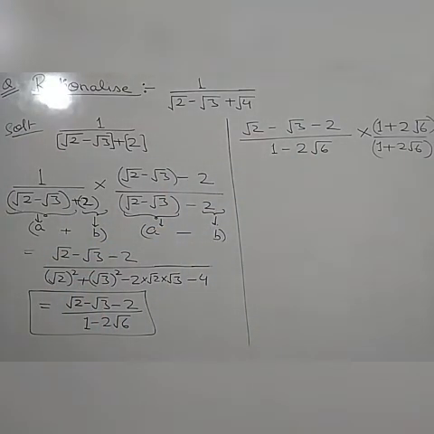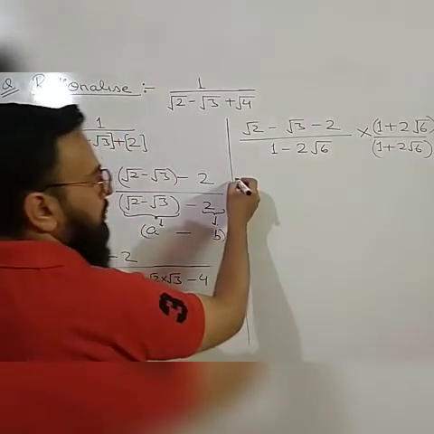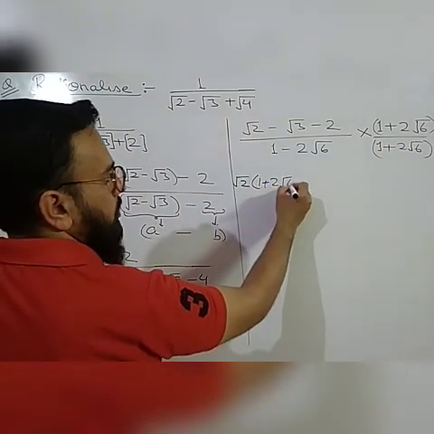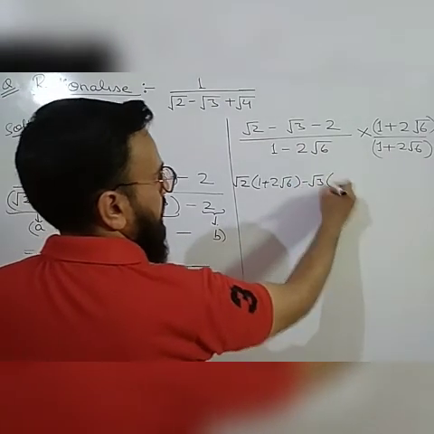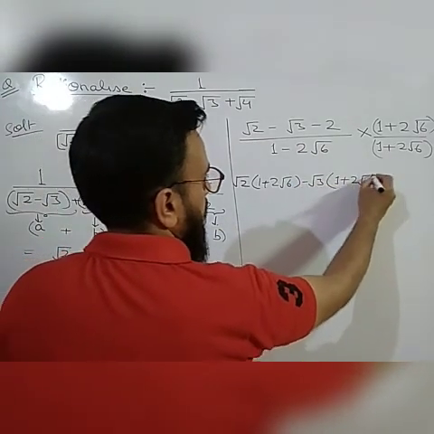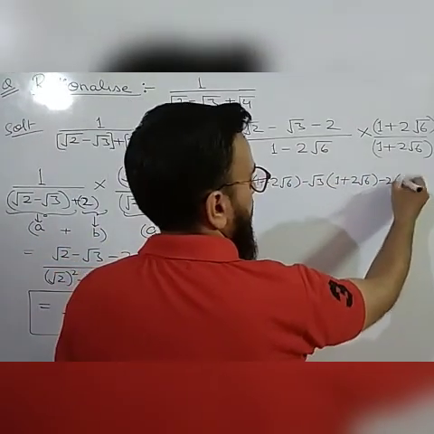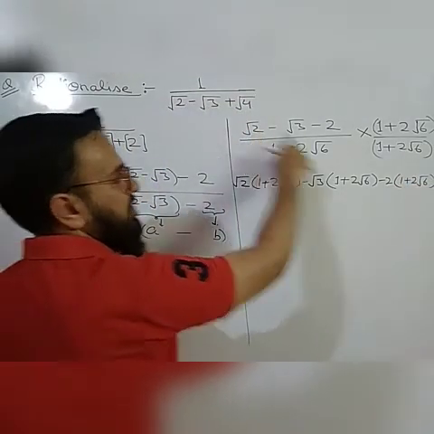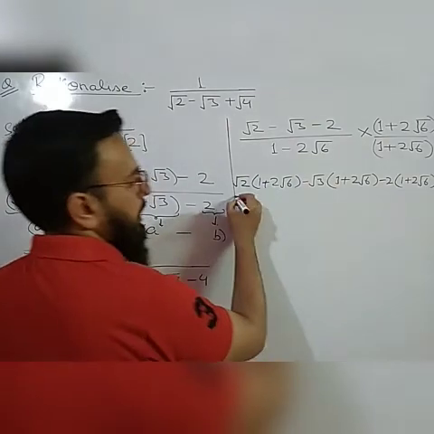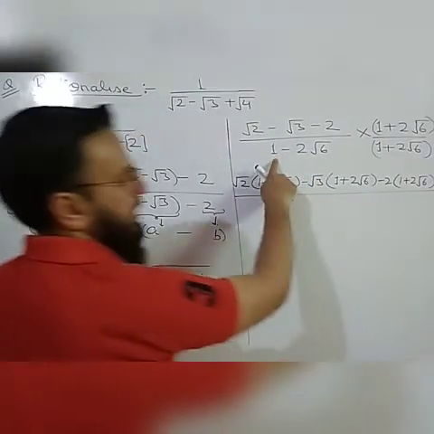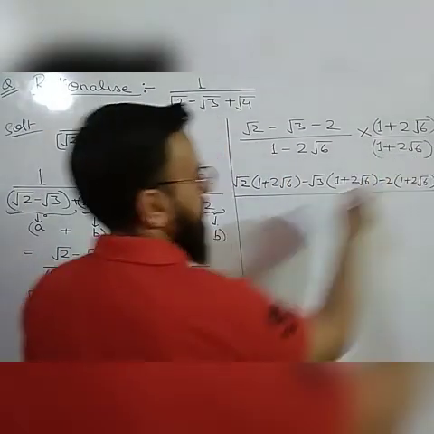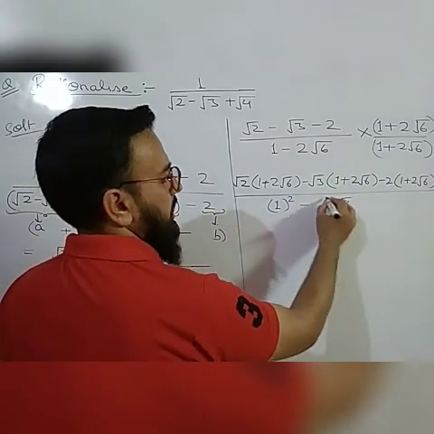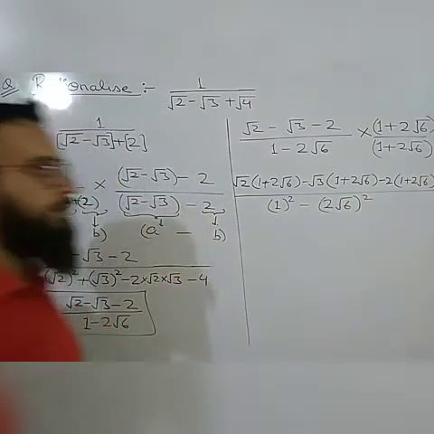So now multiplying, first we multiply root 2 into 1 plus 2 root 6, then minus root 3 into 1 plus 2 root 6, then minus 2 into 1 plus 2 root 6. Multiply each term in this complete bracket, and in the denominator it is a minus b and a plus b, so it will be 1 square minus 2 root 6 whole square.